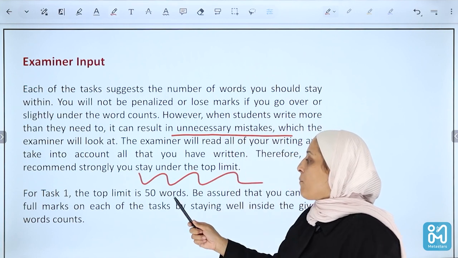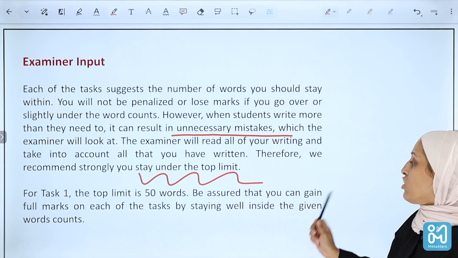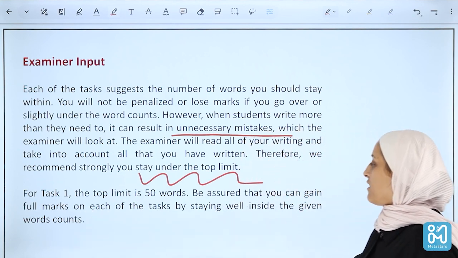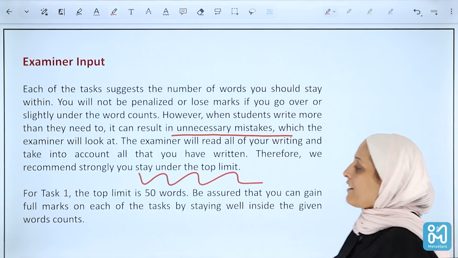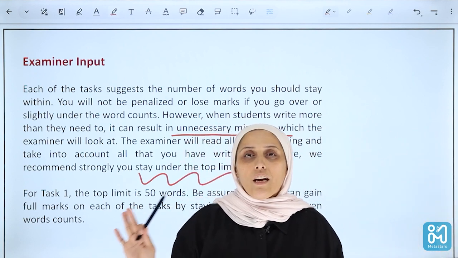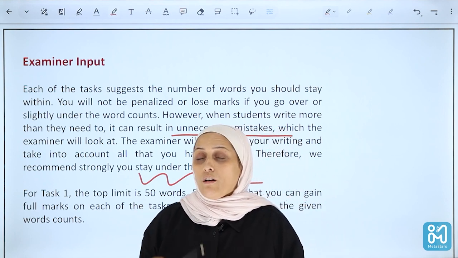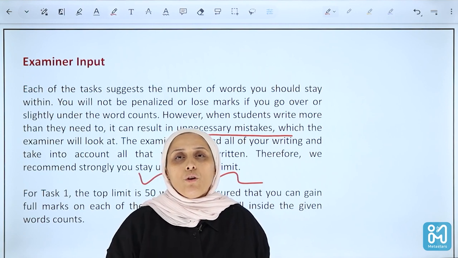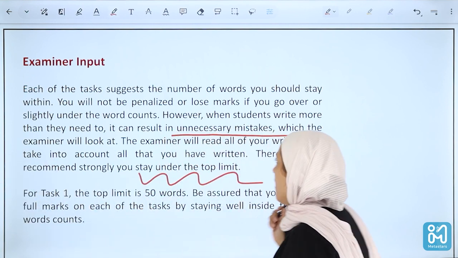For task 1, the top limit is 50 words. Be assured that you can gain full marks on each of the tasks by staying well inside the given word count, of course to avoid the many mistakes that you might commit when you exceed the word limit. Okay.